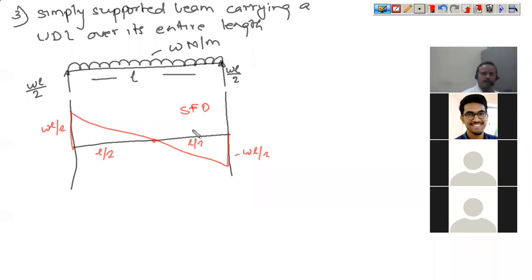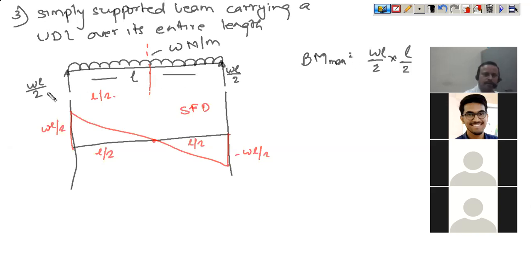Okay. So if it changes sign here, then you need to find out the maximum bending moment at this location, which is at a distance L by 2. So if you find out bending moment here, then bending moment max is given by wL by 2 multiplied by L by 2.